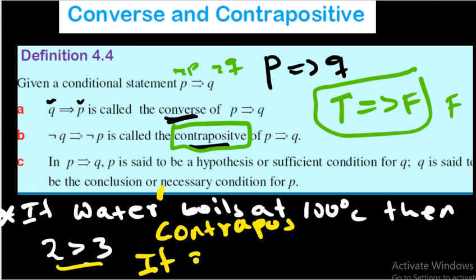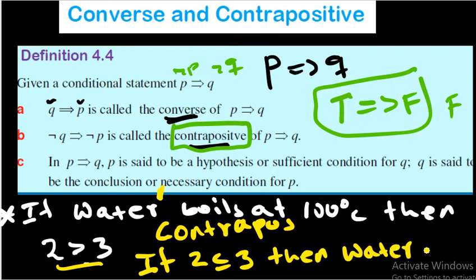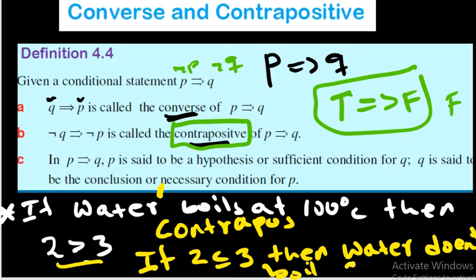It's going to be, if 2 is less than or equal to 3, because the negation of greater than is less than or equal to, then water doesn't boil at 100 degrees, because I have to negate it. That's the contrapositive of the statement.